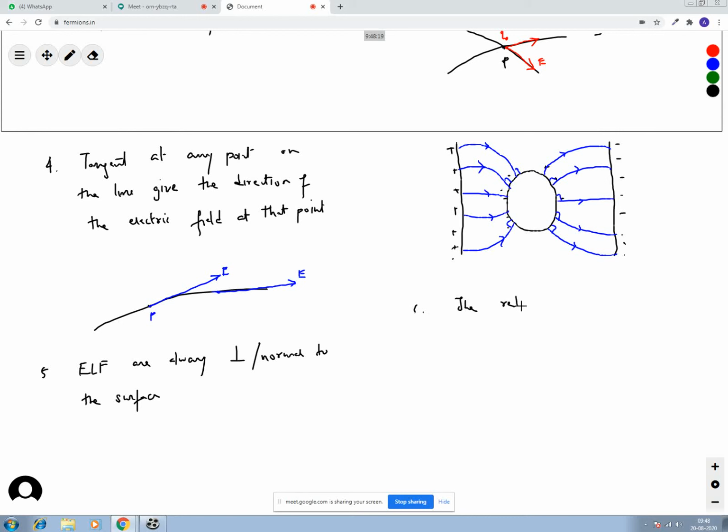Now, the relative closeness of electric field lines gives the strength of E at that region. What I mean is this.